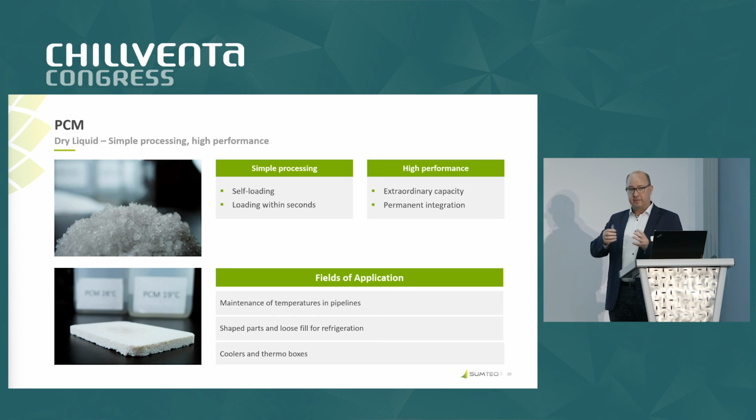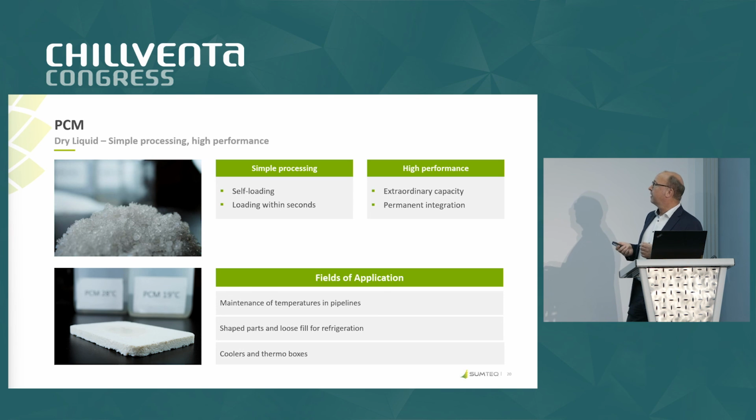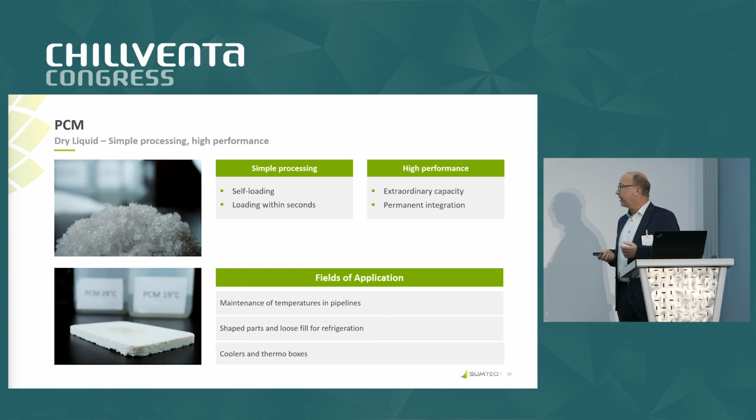It depends a little bit on the expansion of the PCM inside the material, so that it doesn't come out. And it's a permanent integration because the capillary forces are very high. The fields of application here: maintenance of temperatures in pipelines, shaped parts, and loose fill in refrigeration, coolers, and thermal boxes.